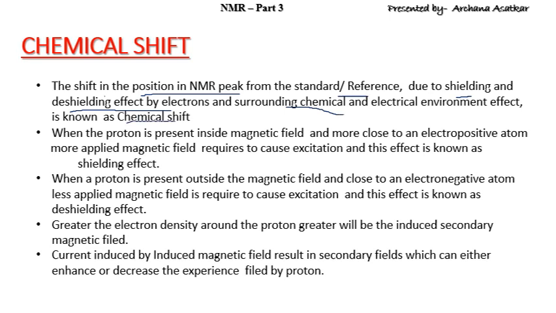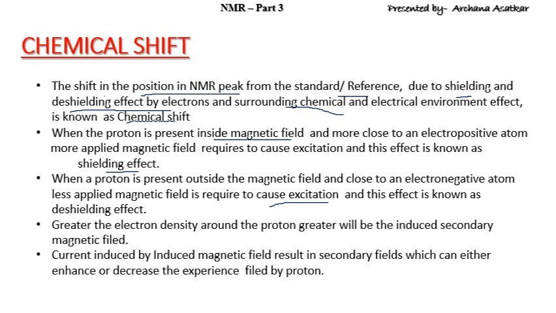When the proton is present inside the magnetic field and closer to an electropositive atom, a more applied field is required to cause excitation, and this effect is known as the shielding effect. And conversely, when a proton is close to an electronegative atom, a less applied magnetic field is required to cause excitation, and this effect is known as the deshielding effect.